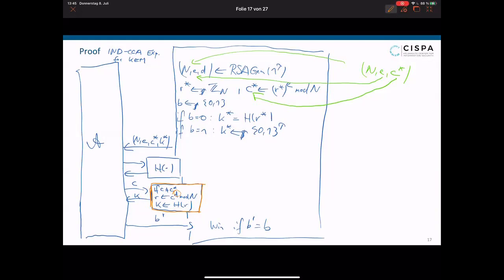What we're going to use will be the random oracle H, right? And the random oracle H is used twice. Namely, the adversary is given direct access to it, and here we're also using the random oracle in the decapsulation algorithm. And that's what our reduction will use.